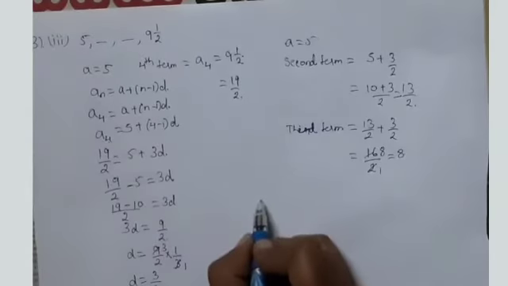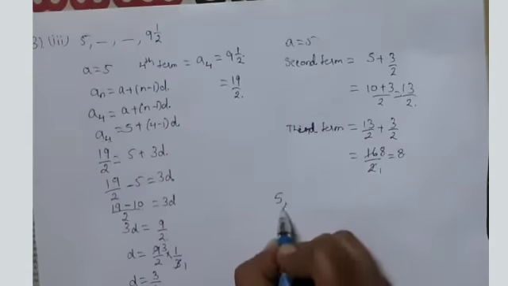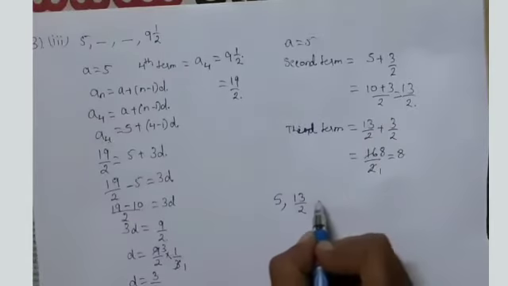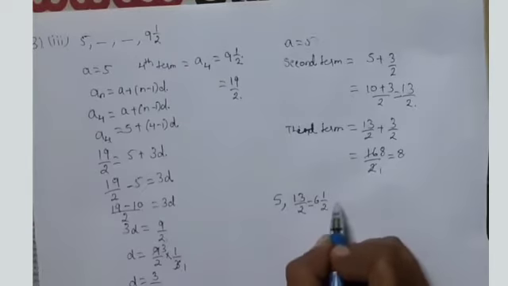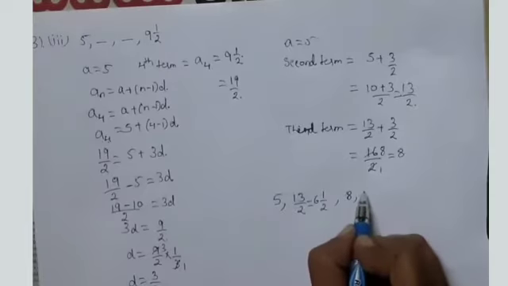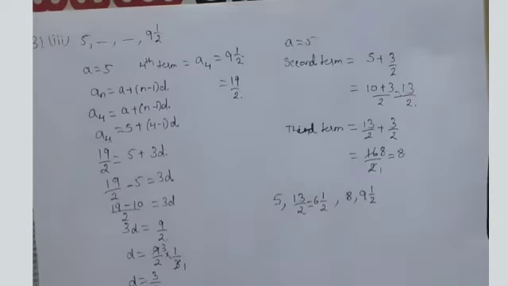Therefore our given sequence will be now 5 comma, second term, that is 13 by 2, which you can also write as 6 1 by 2, and the third term will be 8. Fourth term is given 9 1 by 2, that is nothing but 19 by 2. Now let us see what is the fourth problem here.